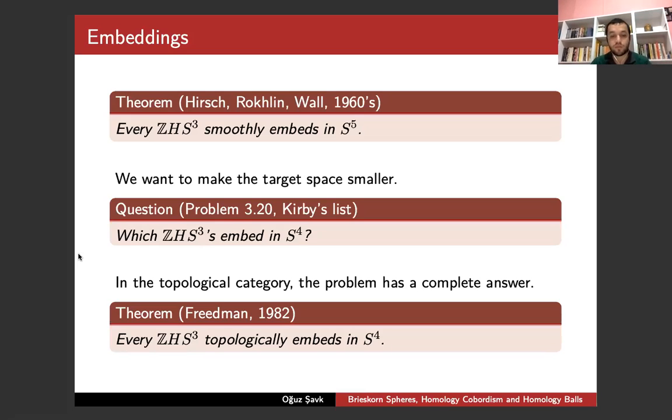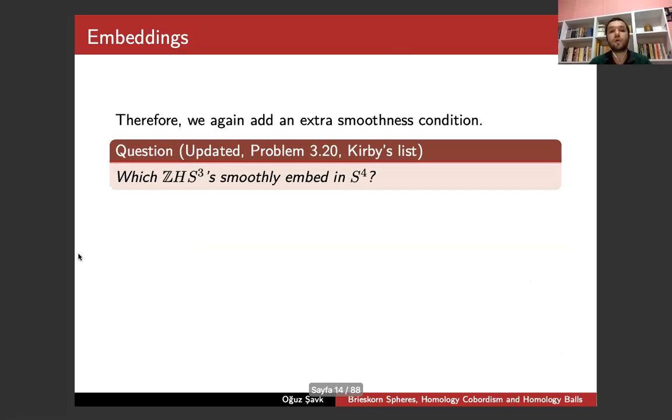These theorems of Freedman are actually just corollaries of his main theorem. So again, we add an extra smoothness condition and ask which integral homology spheres smoothly embed in S4.